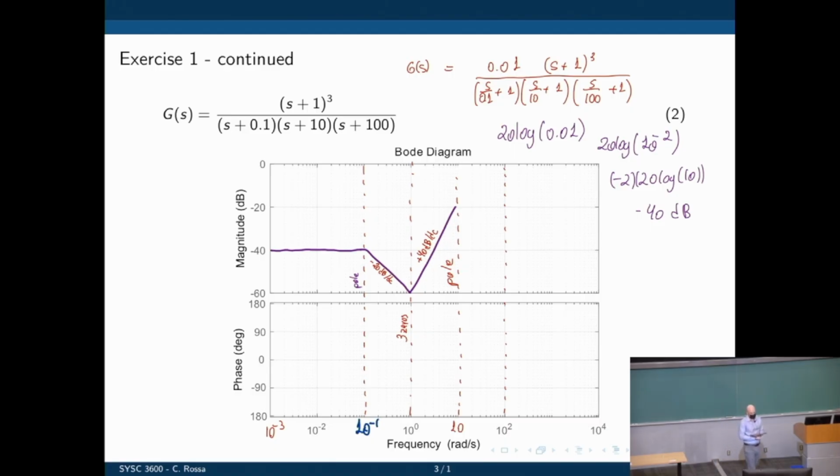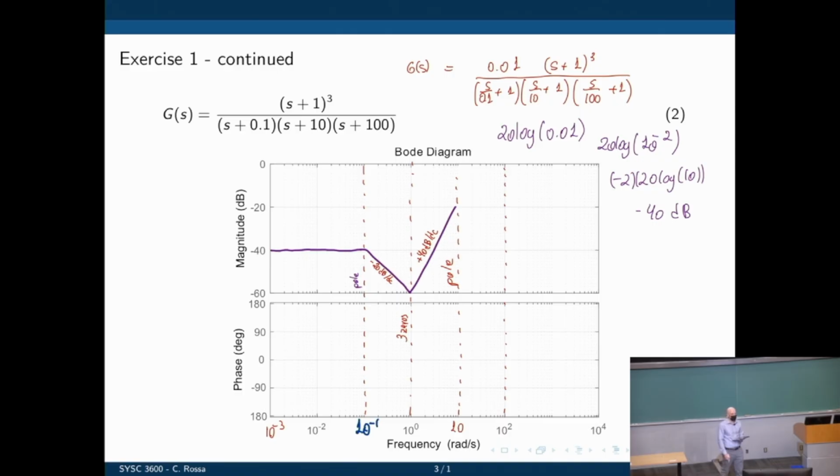So what happens now? We're encountering a pole. We're going up on a slope of 40 decibels per decade, but we pass by a pole at 10 radians per second. That pole adds negative 20 decibels per decade to the current slope. It does not make the slope negative 20. It adds negative 20. We have a slope of 40. 40 minus 20 is plus 20 decibels per decade.